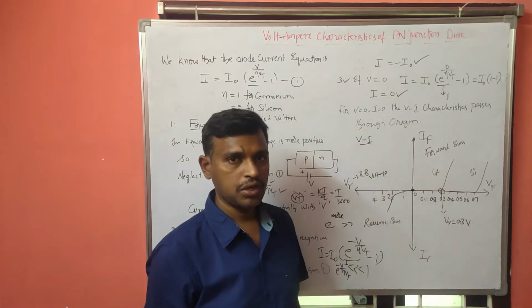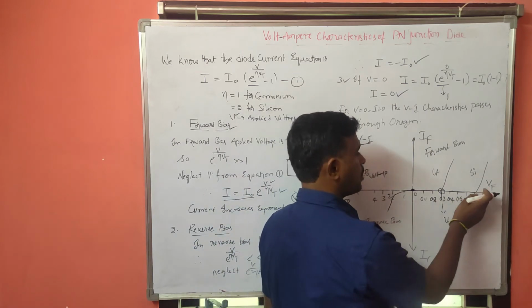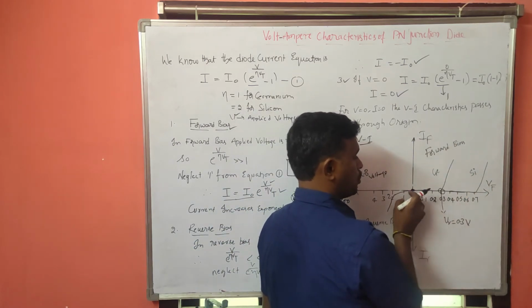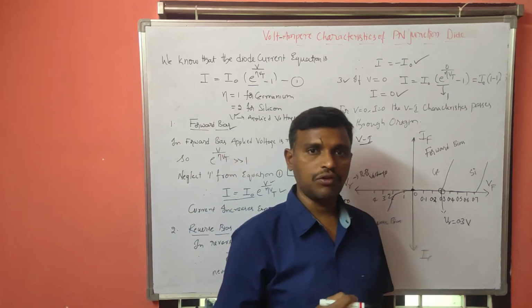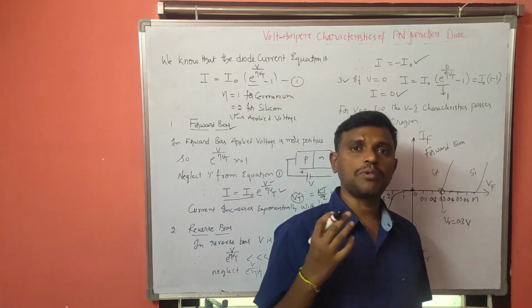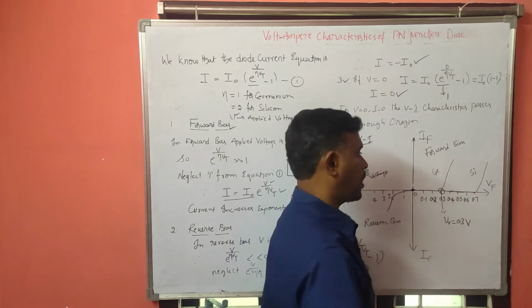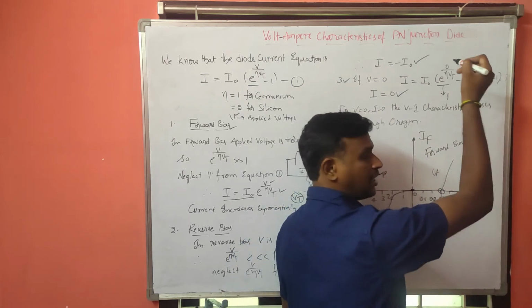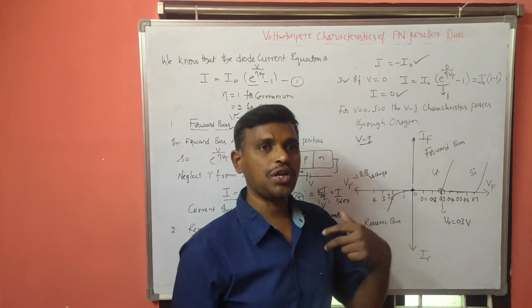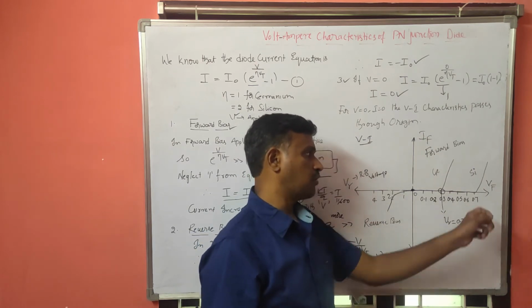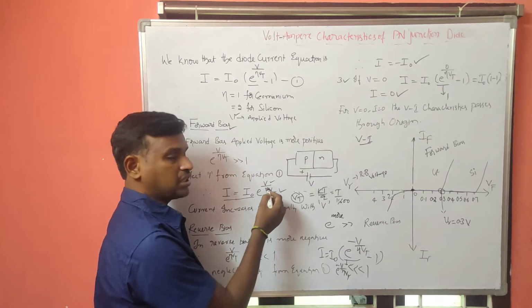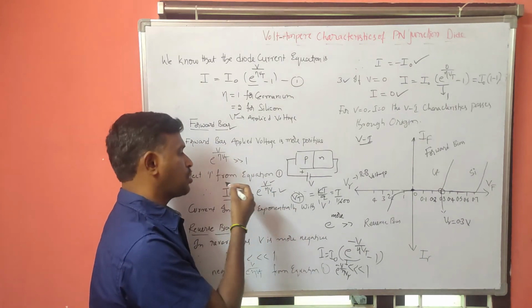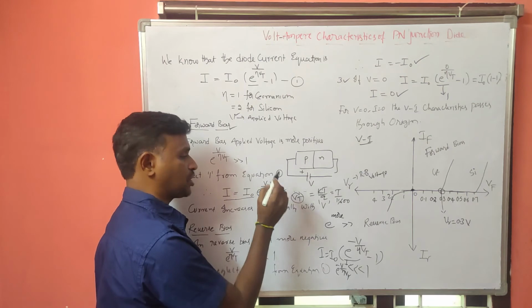Similarly, if you draw the graph between VF and IF, up to 0.7 volts a very small amount of current flows for silicon due to the depletion region, and at 0.7 volts the current suddenly rises, or increases exponentially, because in forward bias, as we have seen just now, as we increase the applied voltage the current increases exponentially.